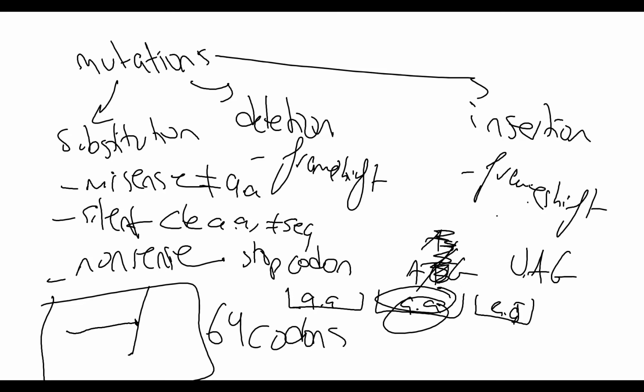The A becomes next to the G. For the insertion, we add between them, let's say T. Both of them are frame shift. So these are the kinds of mutations. Is it clear for everyone? Perfect.